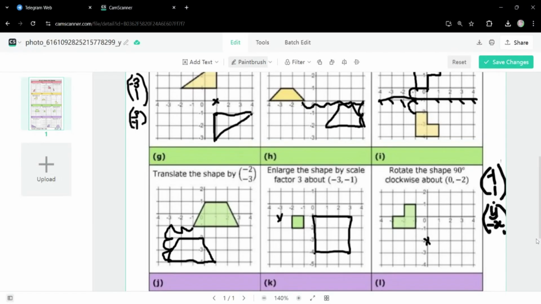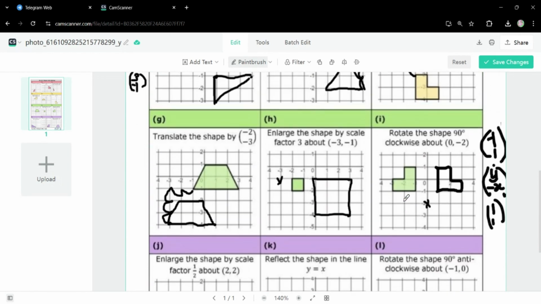So if they switch places, the negative and negative cancel each other out, which becomes (1, 1). So this is how you do it, and you can tell the shape already. Since it's 90 degrees, that means it's not upside down. It's something like that, that I'm drawing right now.